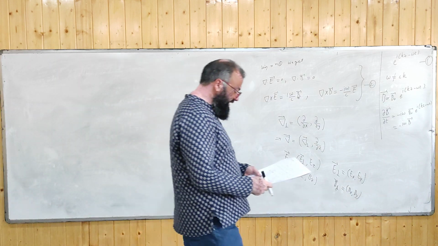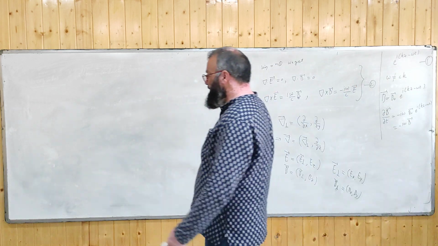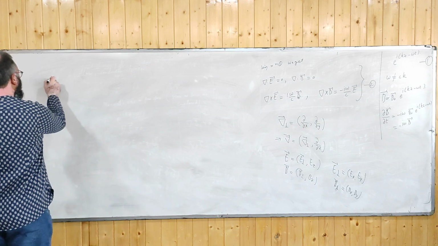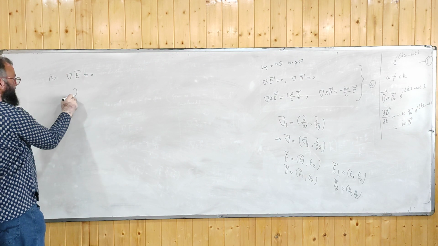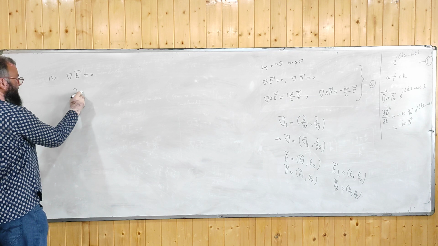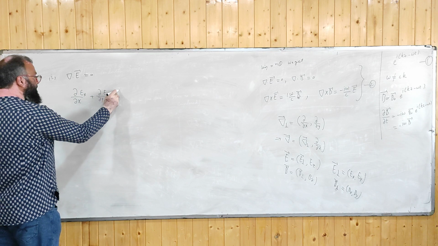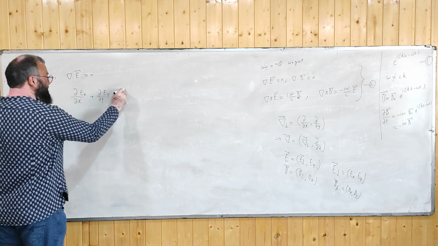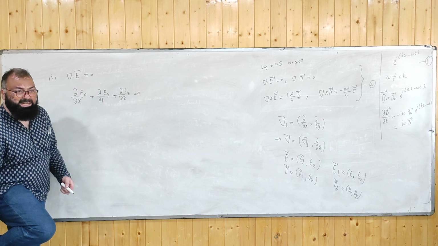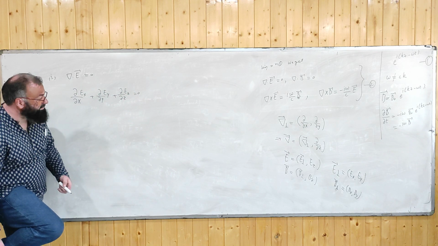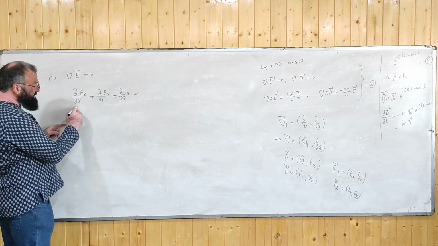So let's take this del dot E first. So del dot E is equal to 0. How do I write it? It's partial by partial x Ex plus partial by partial y Ey plus partial by partial z Ez, that's equal to 0. I am simply rewriting the Maxwell's equation and we will simplify these equations. So now tell me what this object is.